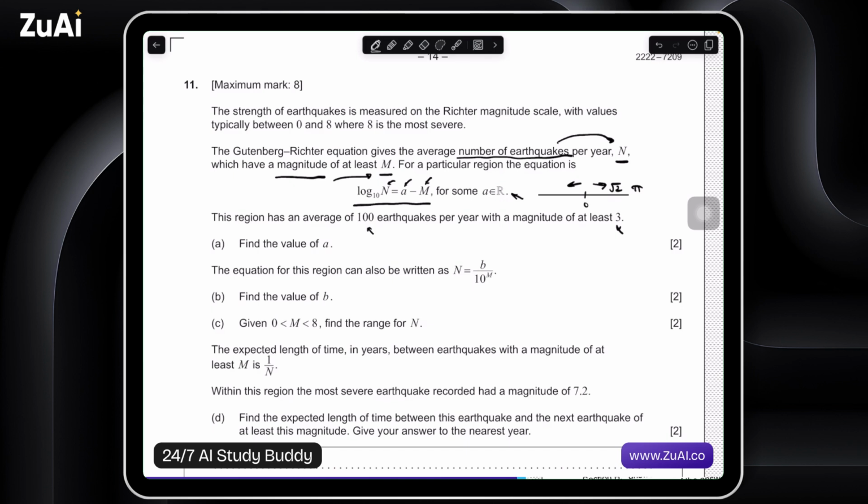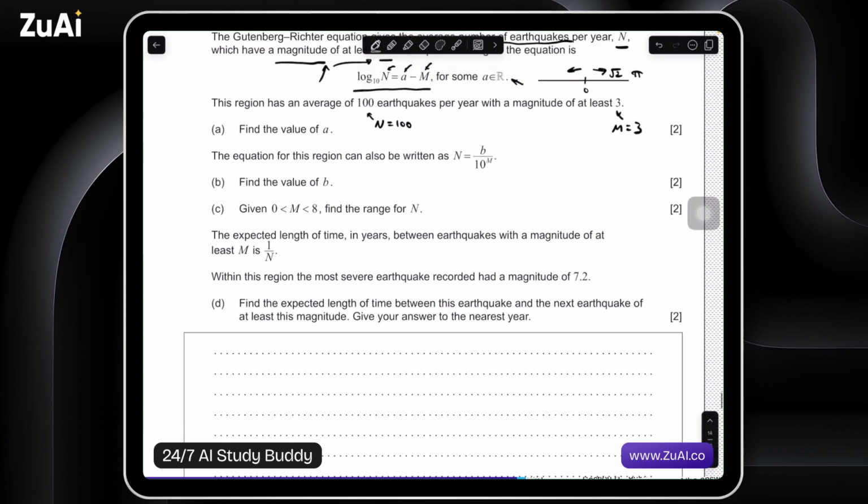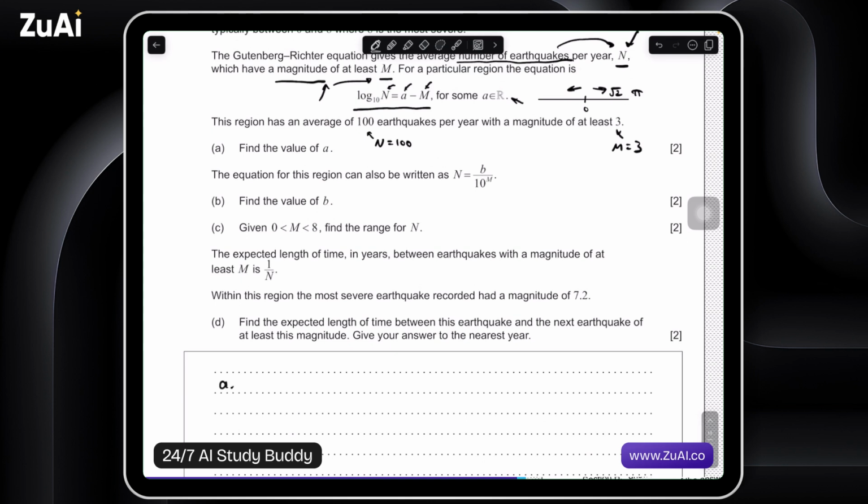So a region has 100 earthquakes per year, which is given by n. So we know n is equal to 100. And with a magnitude of at least 3, which is m, we know that m is equal to 3. So for finding the value of a, I'll just put part a here.